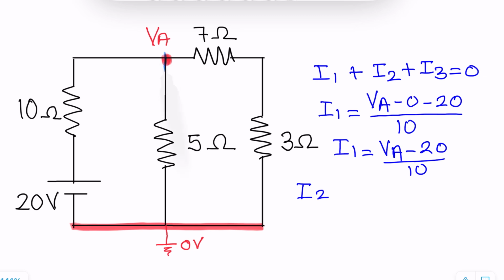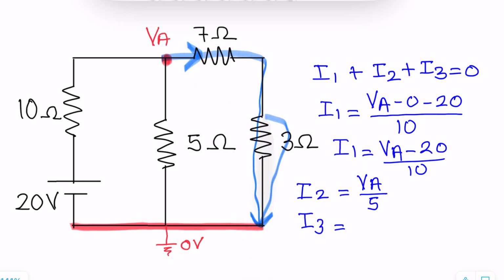Let us write down I2 now. We know that I2 starts at VA, ends at 0 and divided by 5. So VA minus 0 upon 5, which is VA upon 5, and I3 starts at VA, ends at 0 and divided by 7 plus 3.